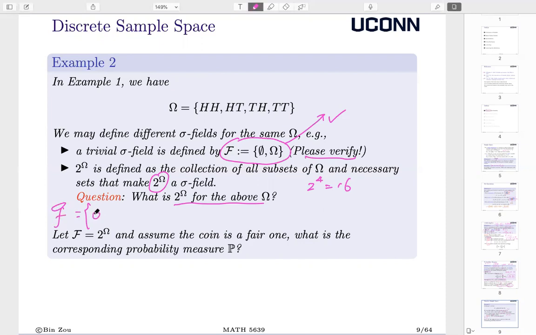For instance, you can start with the empty set, which means it includes nothing. And then we can talk about sets that include one element. So there are 4 options. Next, we talk about the sets with 2 elements, HH, HT, etc. So here, how many do you have?